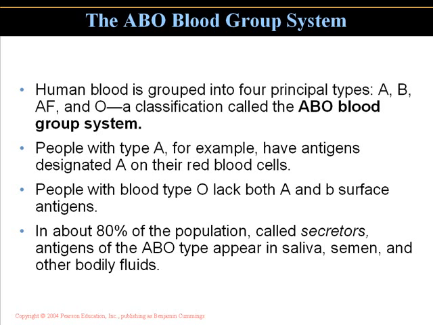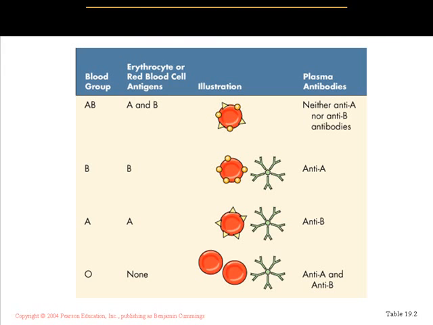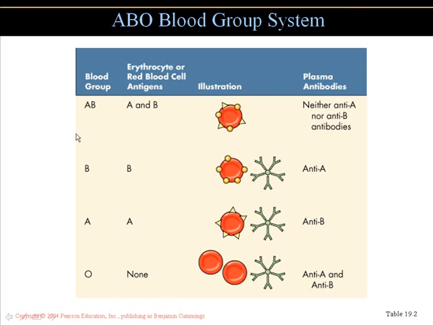People with blood type O lack an A and a B surface antigen. About 80% of the population are called secretors; antigens of the ABO blood group appear in the saliva, semen, and other bodily fluids. Again, these are the blood types: type AB, B, A, and type O.